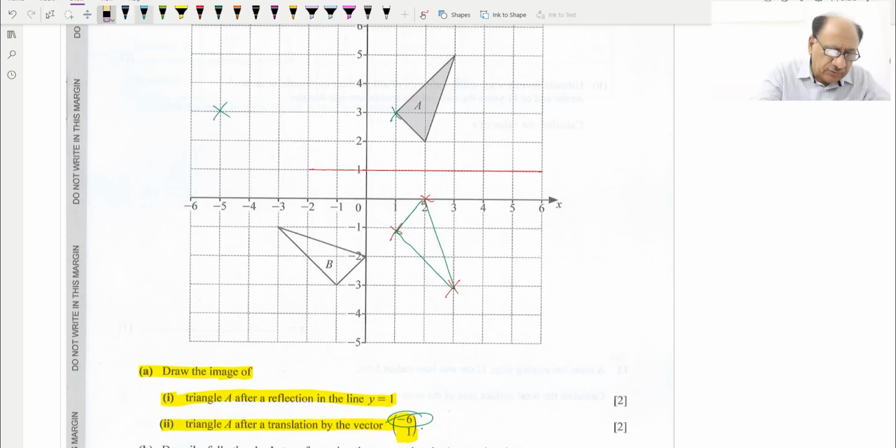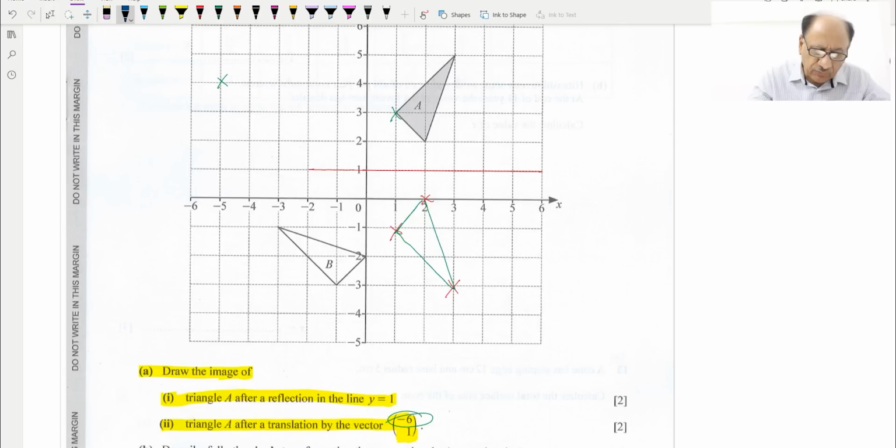So this point will reach this new location, and then we can check the other points also. For the 1, from here 1 unit up will be this one, so finally this point will reach over here.